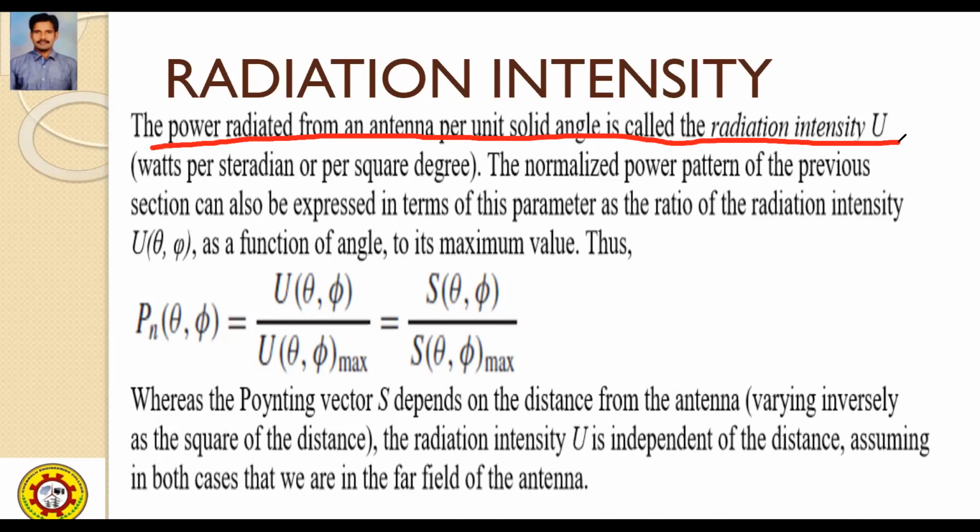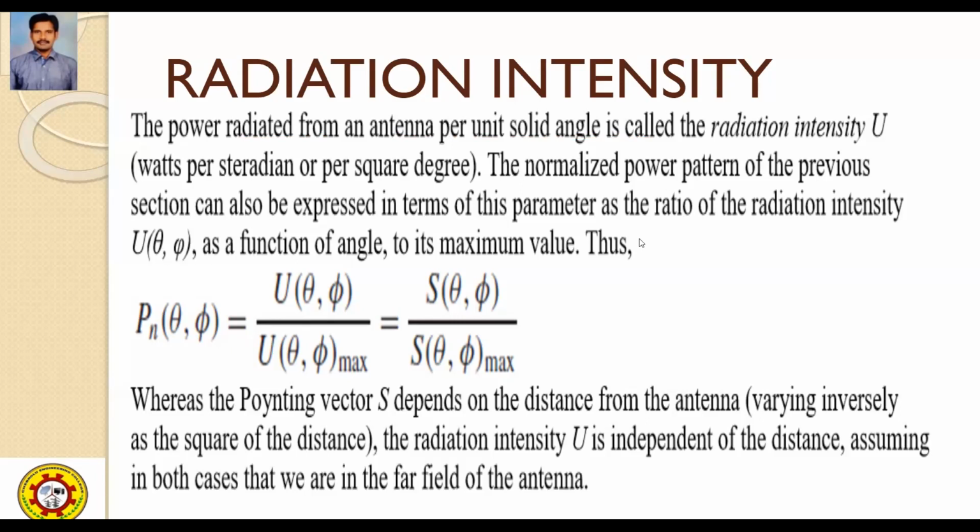The normalized power pattern using radiation intensity can be expressed in equation form: Pn of theta comma phi equals U of theta comma phi to U of theta comma phi maximum value.